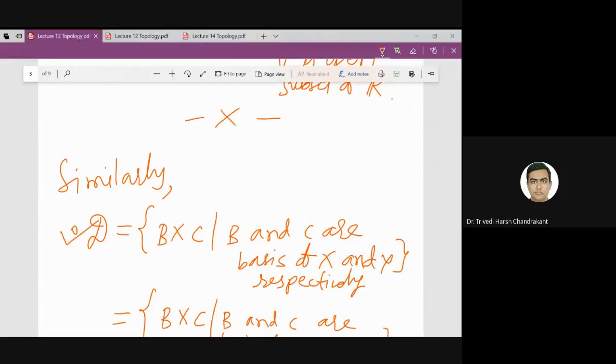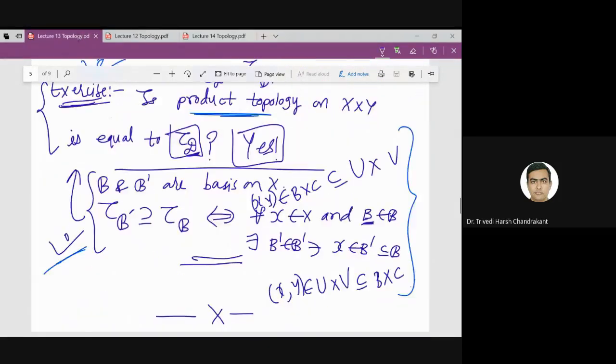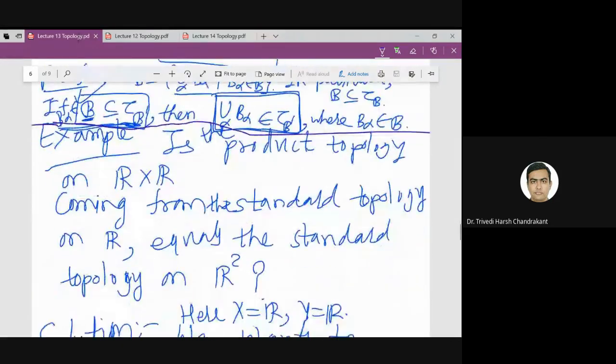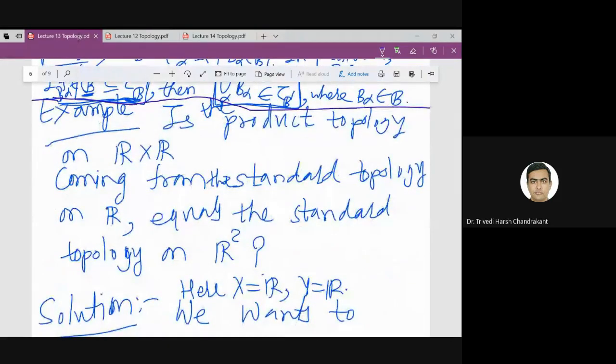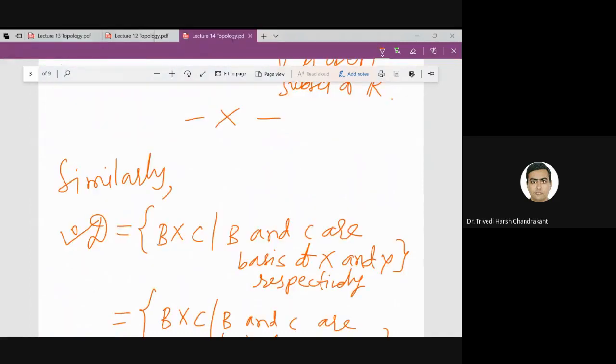So the question is: is the product topology on R2 coming from the standard topology on R exactly this?